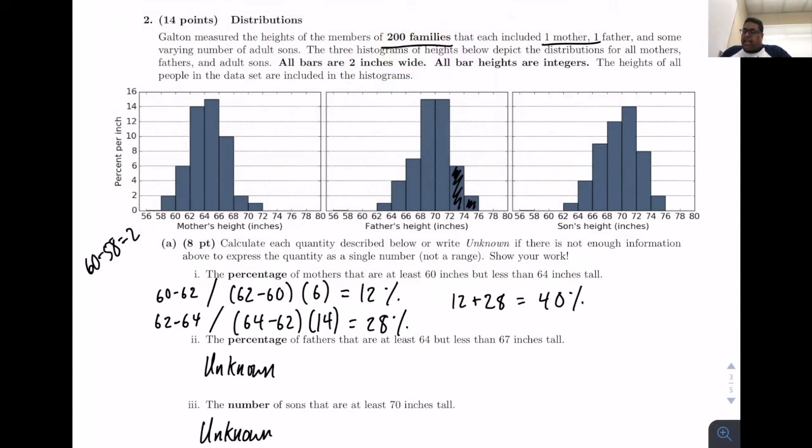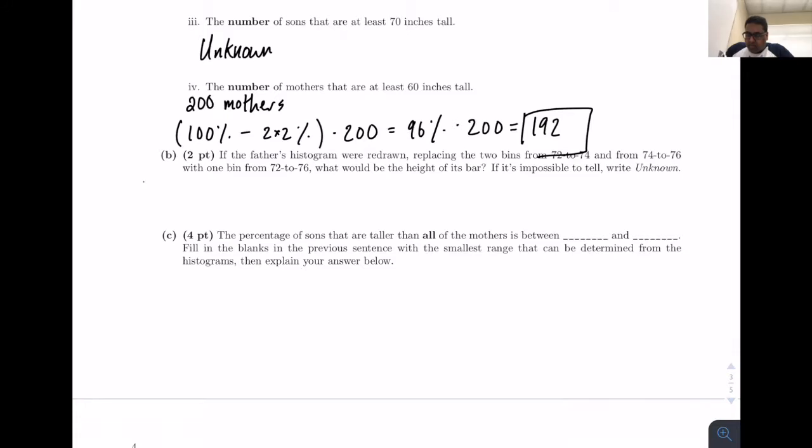So it turns out that we can indeed find out the height, right? And so first, to find that height, we know the width of our new bin, right, which would be 76 minus 72, which is 4, which we can write down here, new width. 76 minus 72 is equal to 4.